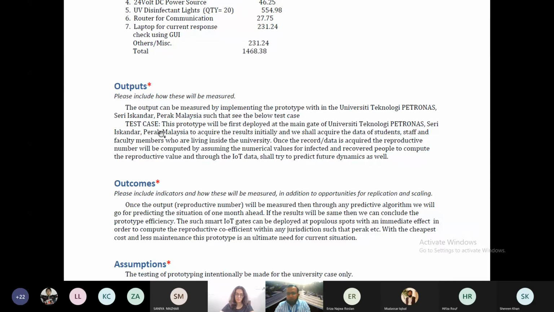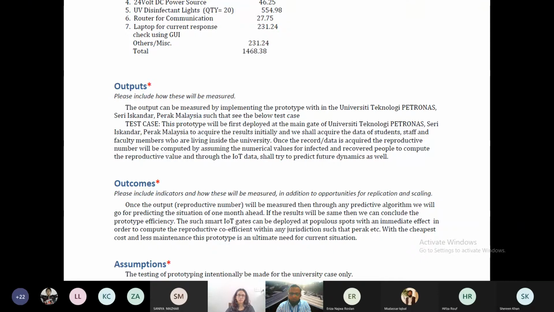The test case I put, they don't want you to do some extraordinary work. I again repeat this thing and I really emphasize it. So I kept it very low level. I said that I'll implement this entire thing within my university, and within the university I'll require the people who are in hostels. I will get their data, their images, and I will implement the same thing on it. So that was the test case.